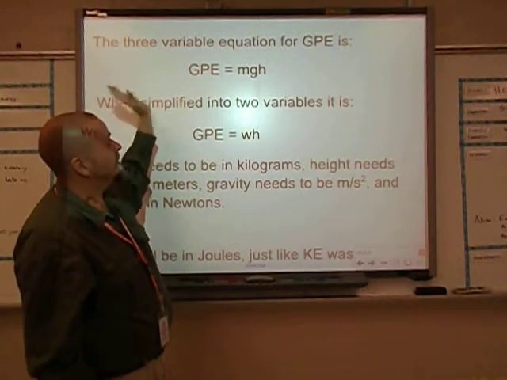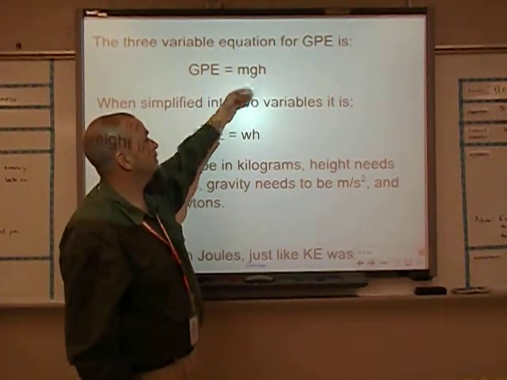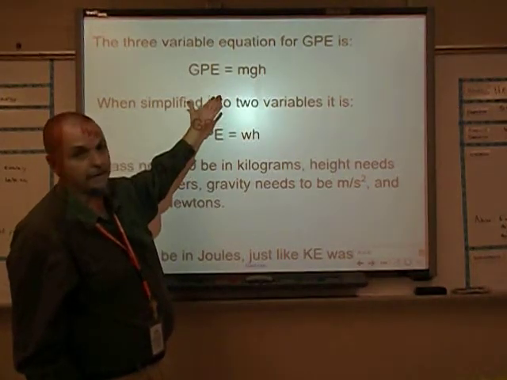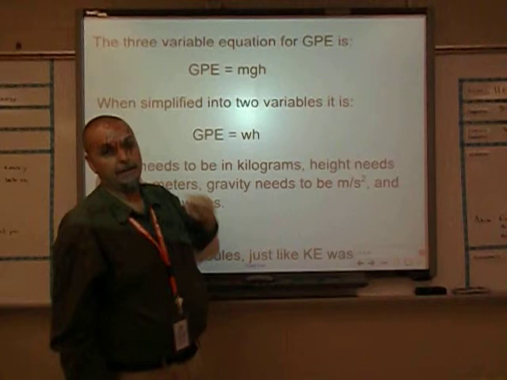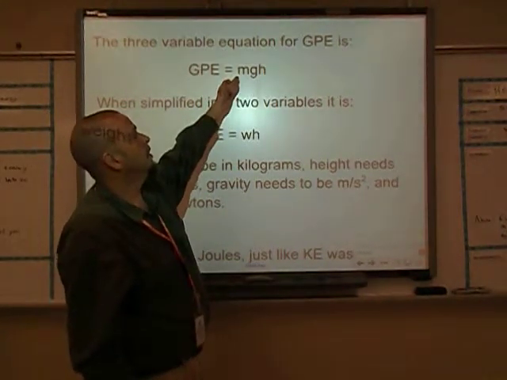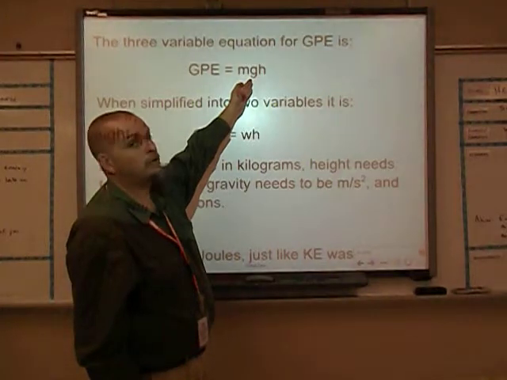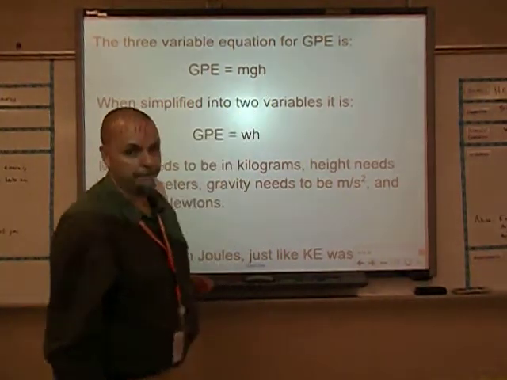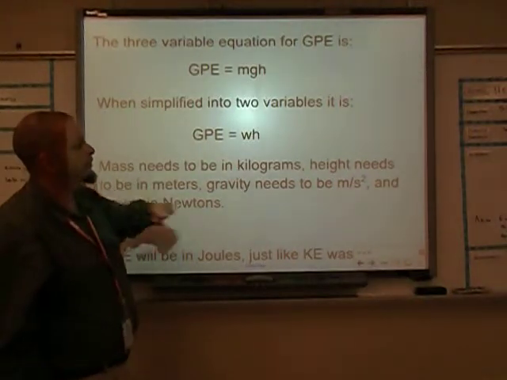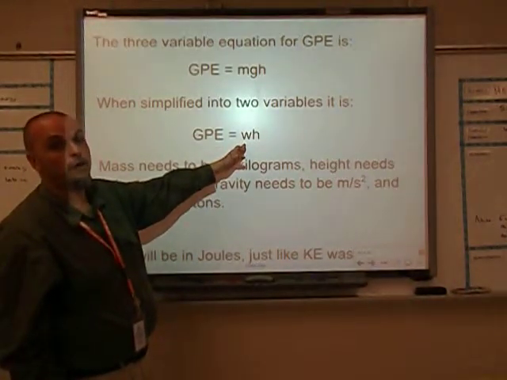Just like in kinetic energy, that's got to be kilograms, that's got to be meters per second squared this time, because that's acceleration, and that's got to be in meters. If we're working with the second equation to get joules for our answer, weight would have to be in newtons.